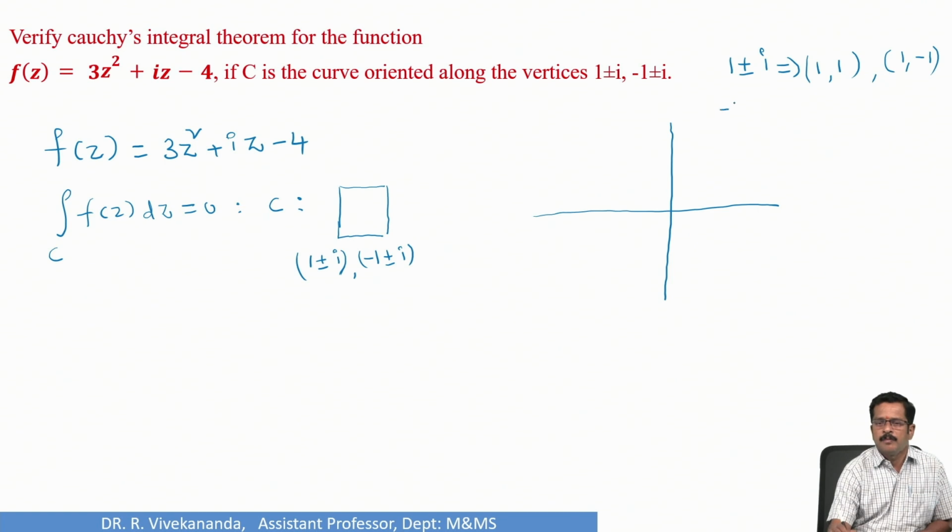Another point is minus 1 plus or minus i, that implies (minus 1, 1) and (minus 1, minus 1). So we have 4 points. Let us try to plot the 4 points here. So this is (minus 1, 1), and here (1, 1).